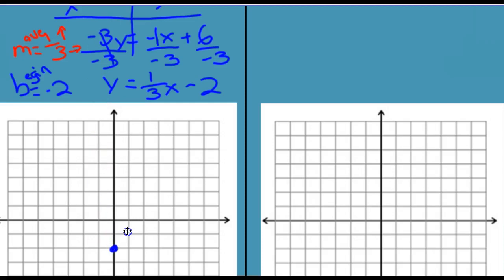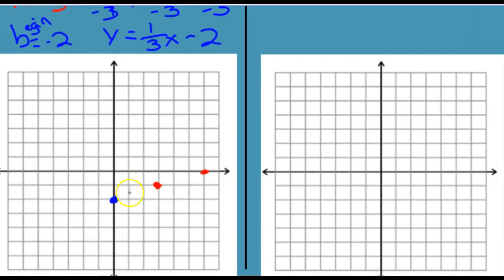So up 1 to the right 1, 2, 3. Now if we wanted to go opposite, we would go down 1 to the left 1, 2, 3. So then if I draw a line between those, I'll have a positive line going through negative 2.